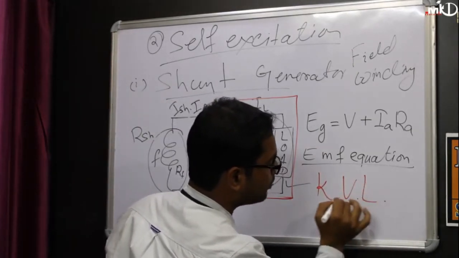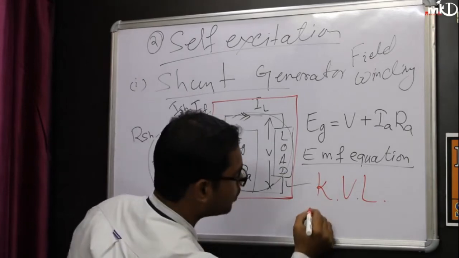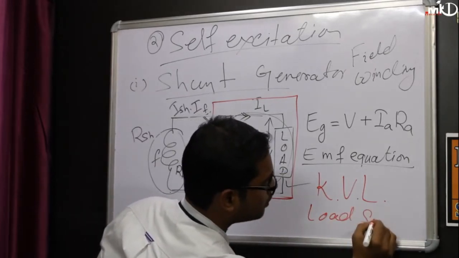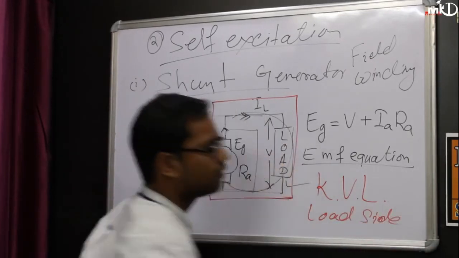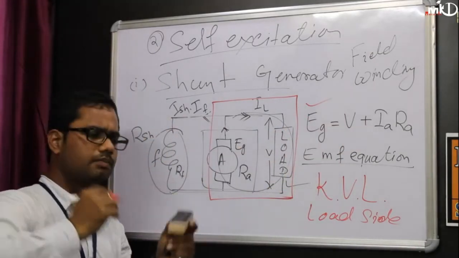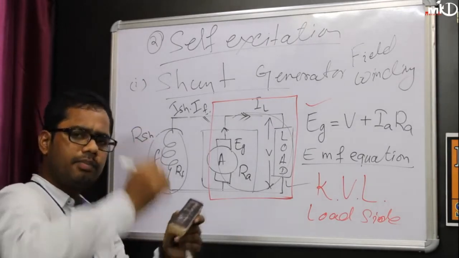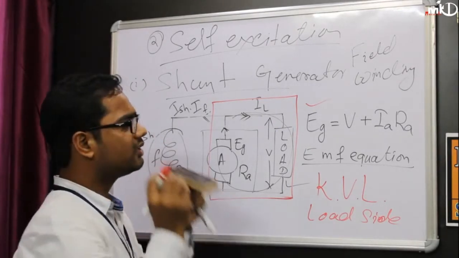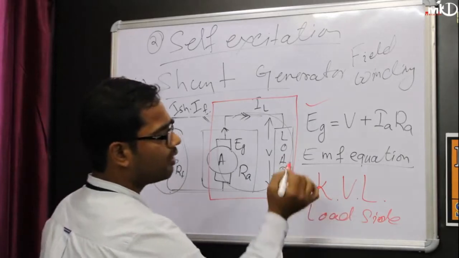Then only you can find out your EMF equation. No need to learn by heart, no need to write numbers of times to remember. Just remember, think how it will apply.